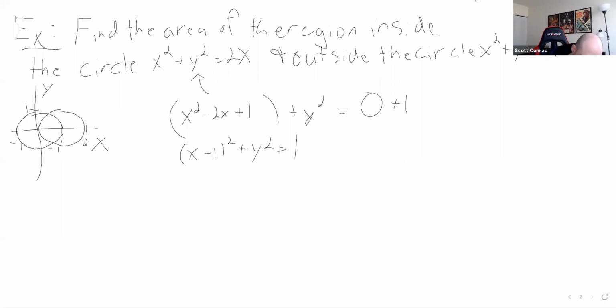So the region we're talking about is this region here: inside the circle centered at 1, 0, outside the circle centered at the origin. Does everyone see that's our region?